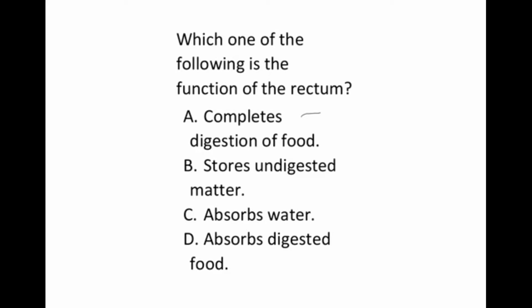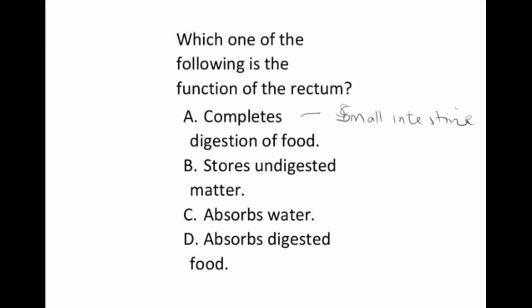The completion of the digestion of food takes place in the small intestine. That's where all the foods that have not been digested as the food passes through the mouth and the stomach are digested.